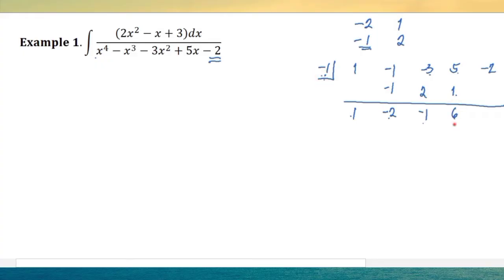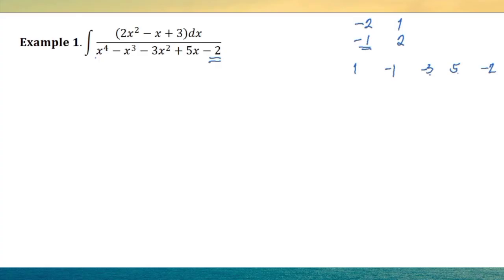Negative 1 times 6 is negative 6, and we have here negative 8. Dapat 0 yung dulo natin para makonsider natin na ito ay factor natin. So, meaning, this negative 1 here is not the root of our equation. So, let's try the positive 1.